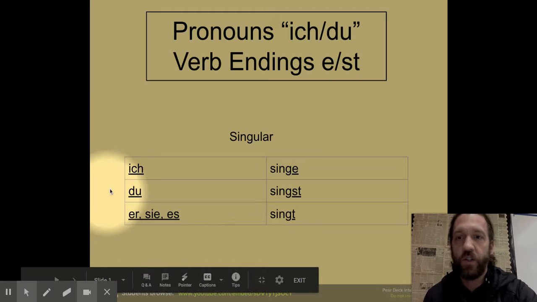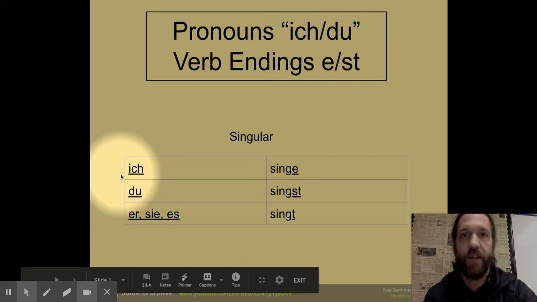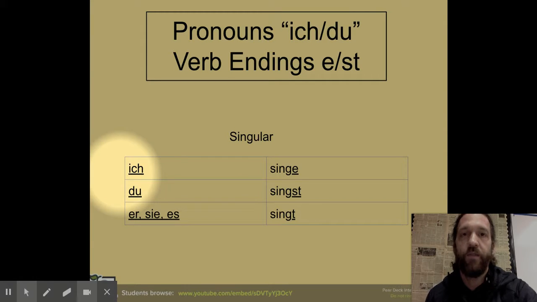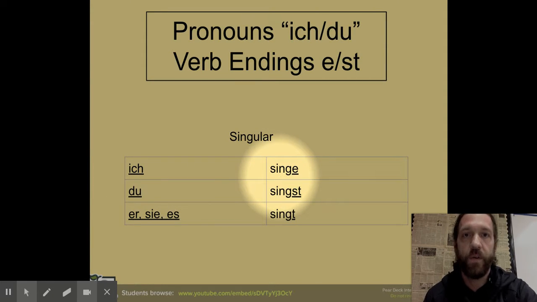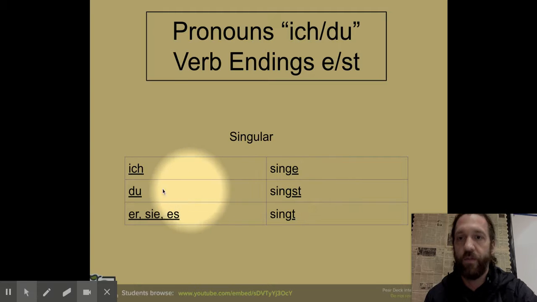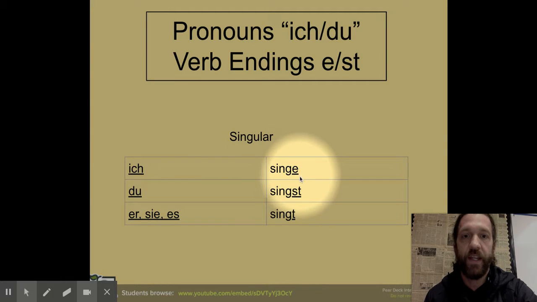You may have seen this chart already. This is the singular half of the first, second, and third person pronoun and verb endings chart in German. So we have ich, and then we have the example singe, or to sing, and you'll see that the verb ending for the first person ich is an e, singe.